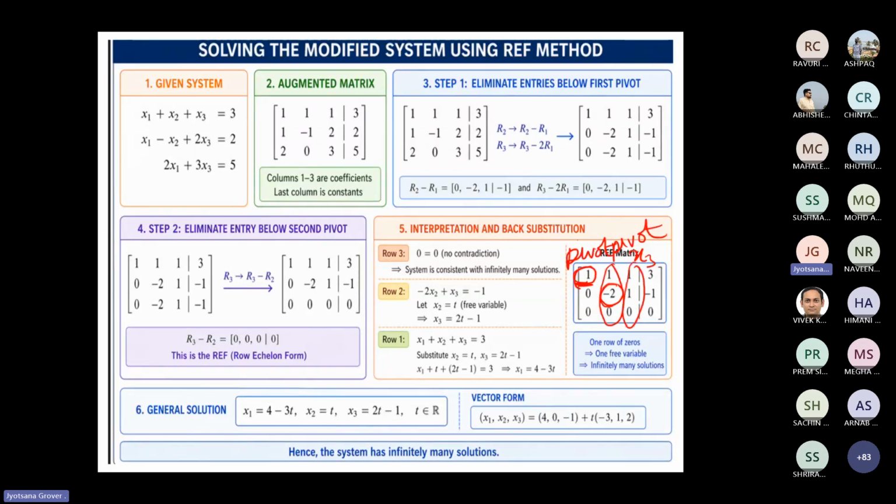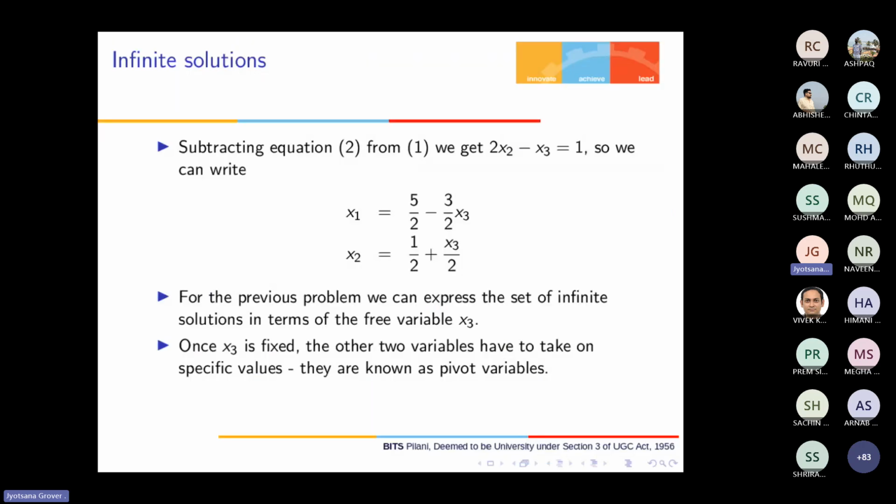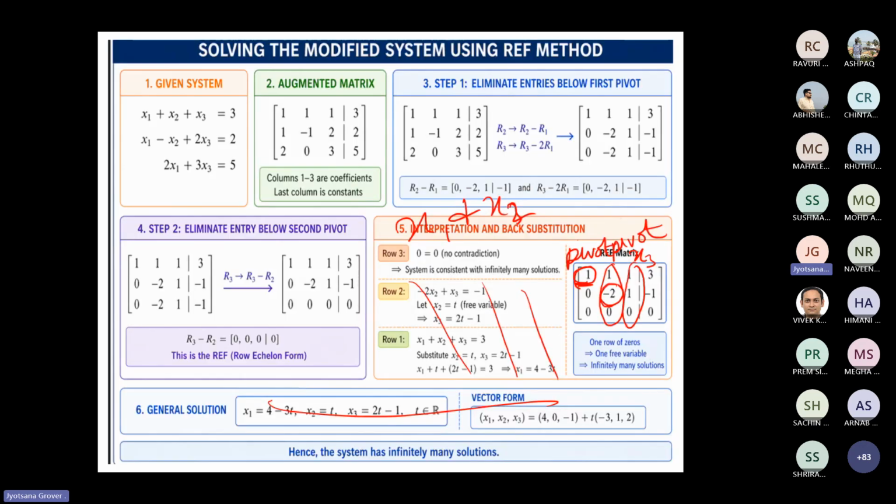It does not contain any leading element, right? So that means your pivot variables are x1 and x2, and x3 is your free variable. Is that okay? X3 is your free variable.